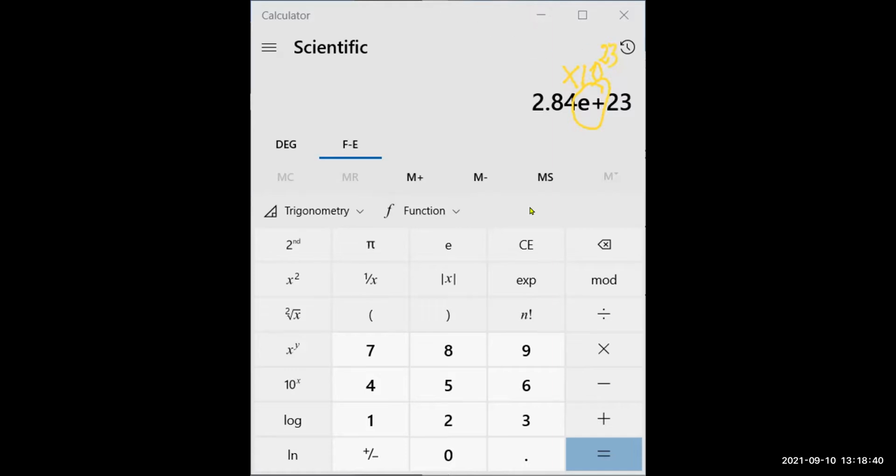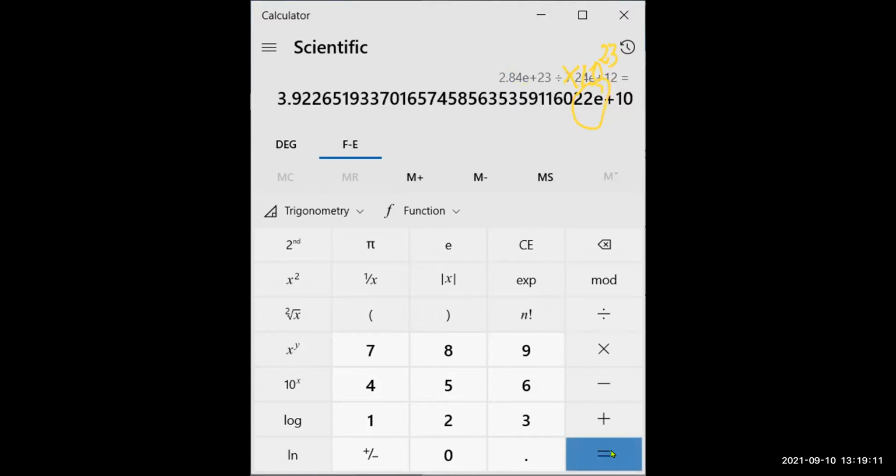All right, so now the number is inputted. You can now do the mathematics of whatever you're going to do. Here we're going to take this number and divide it by 7.24. So again, we hit the divide, nothing magical. And now we input 7.24 exponent 12. Hit the equal.